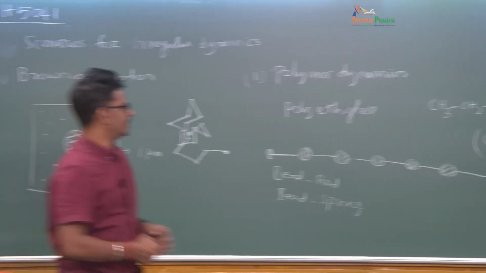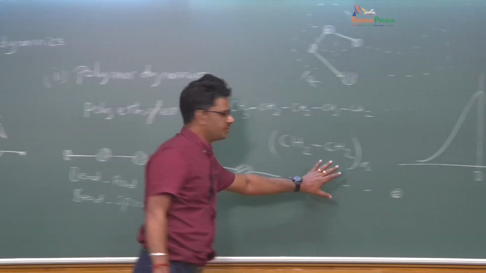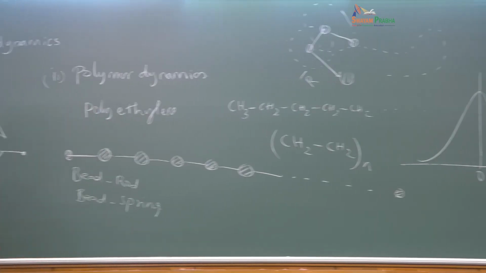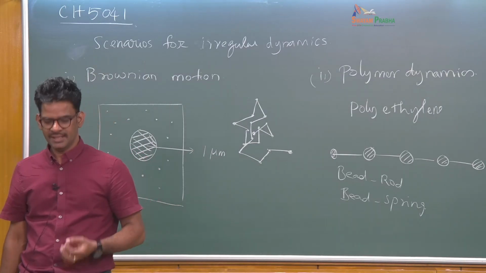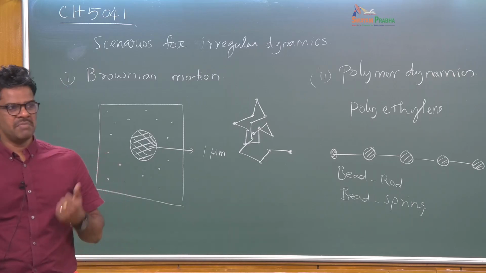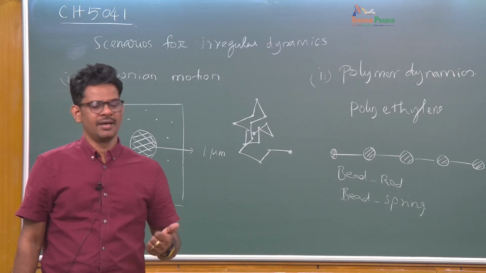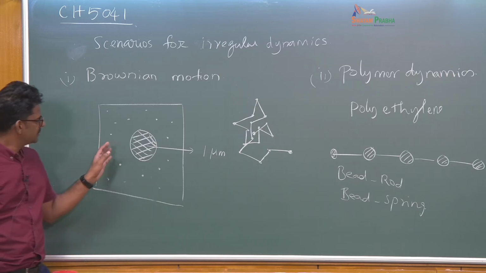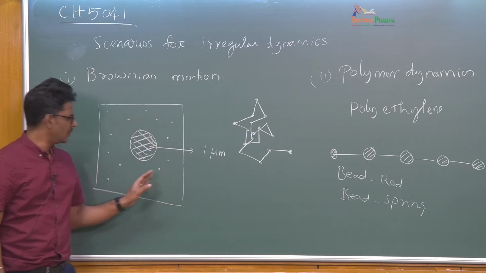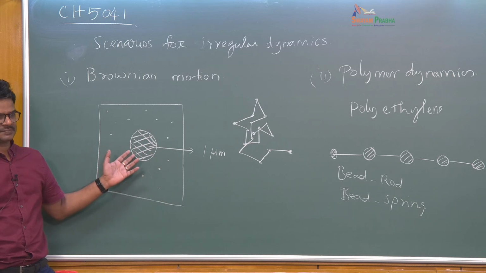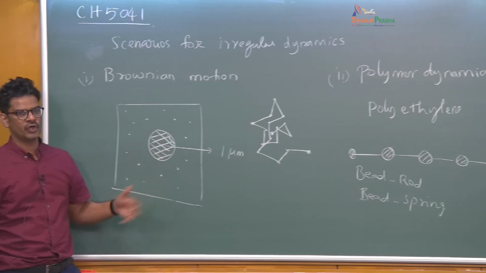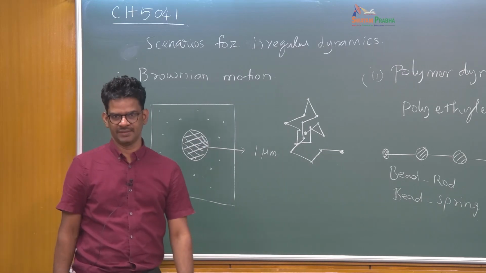The point I'm trying to make is that in both cases, the observation that we want to make is being affected by many independent random variables. In this case, the multitude of collisions of the solvent molecules with the particle gives a net effect to the particle. The dynamics of this particle is going to be influenced by this net effect.